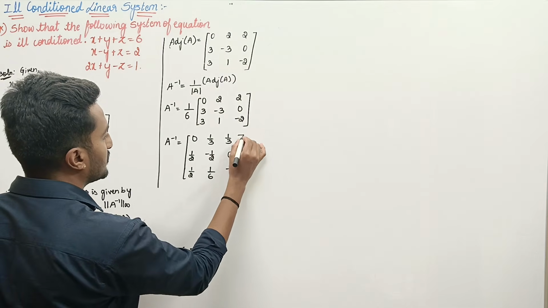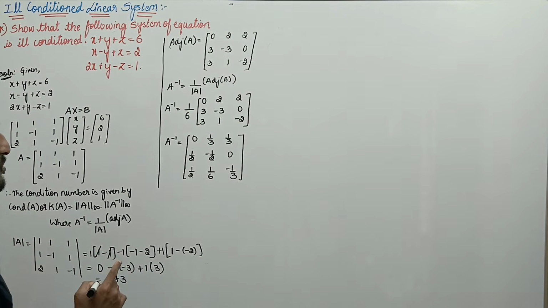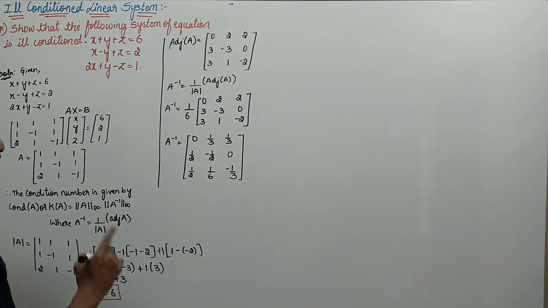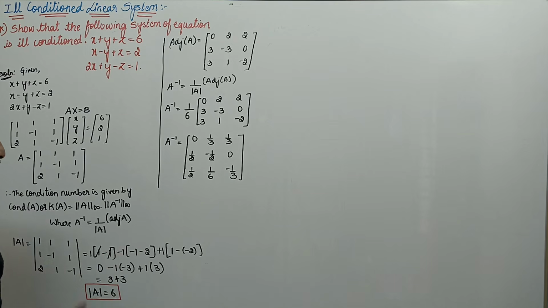If you need, you can cross verify: 0, 1 by 3, 1 by 3, 1 by 2, minus 1 by 2, 0, 1 by 2, 1 by 6, minus 1 by 2. This is our A inverse.